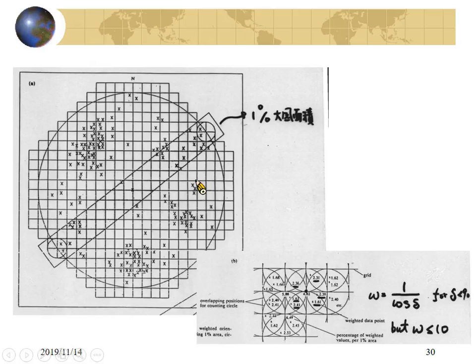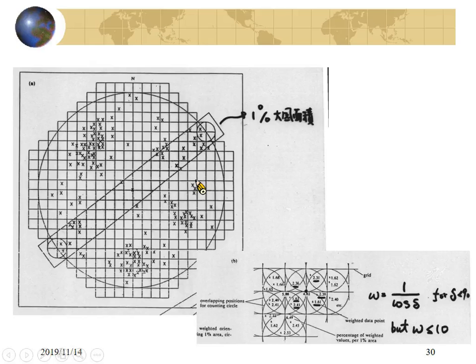So this will be the amplification factor. If the plane is closer to parallel to the scan line, you will have a larger weighting factor. You will amplify the weighting of that measurement. Understand? You amplify the discontinuities that are not easy to sample. But this was proposed by Terzaghi, okay? The weighting factor should be less than 10, so the maximum correction will be 10.